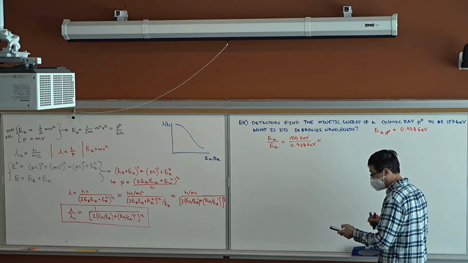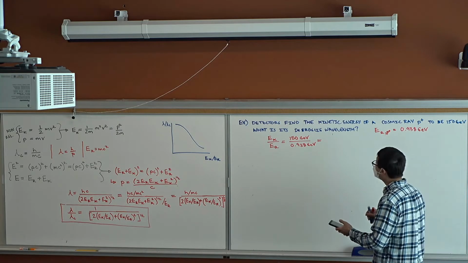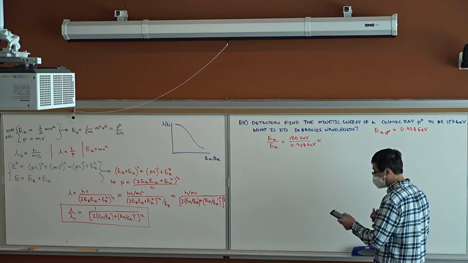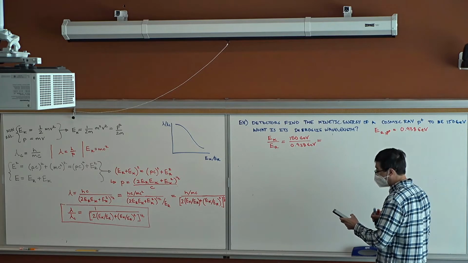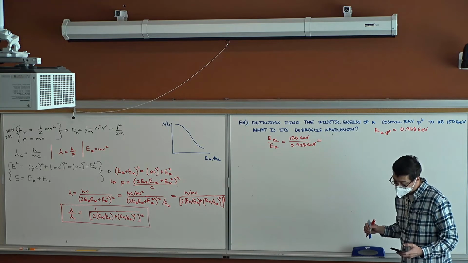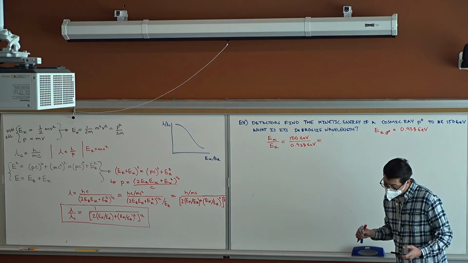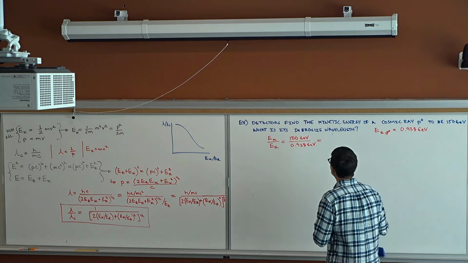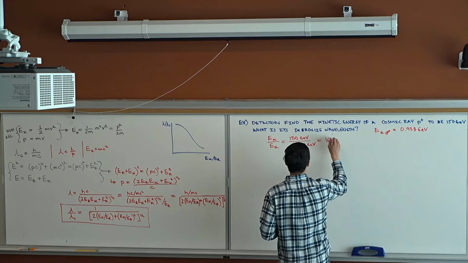Pardon, 150 divided by 0.938, I'm getting 159.9. Let's round it to 160.